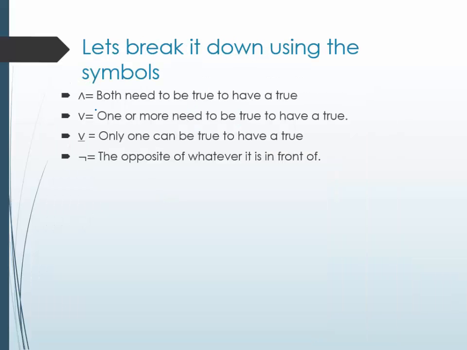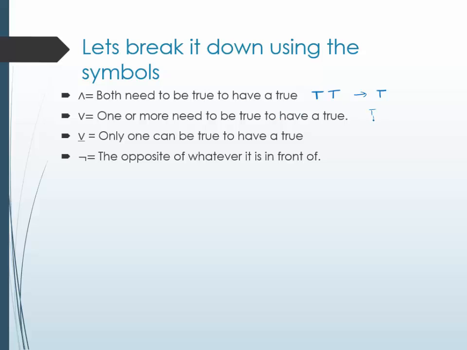So, here's the symbols. And here's a little breakdown. When we have a conjunction, we need both to be true to have a true. So we're looking for true, true. That is a truth. For the disjunction, one or more need to be true to have a truth.